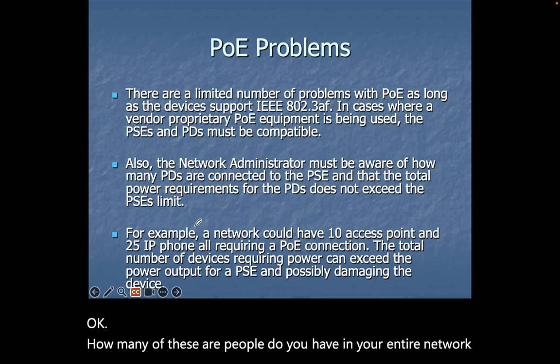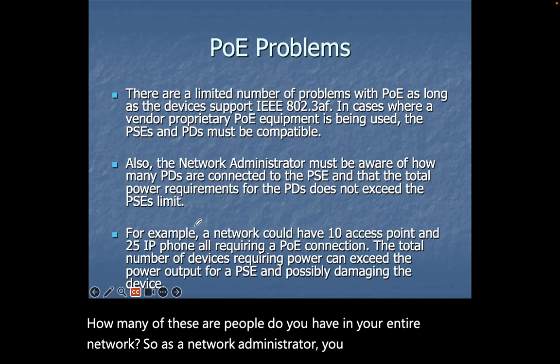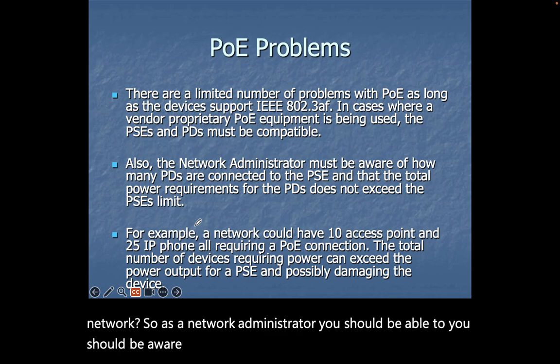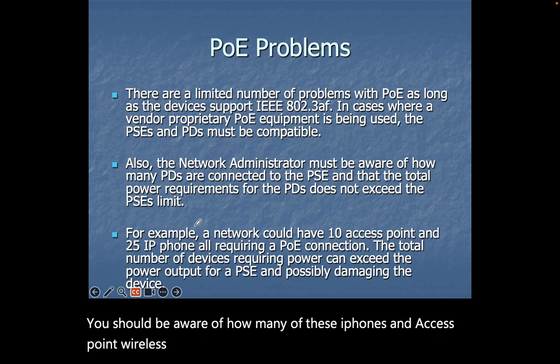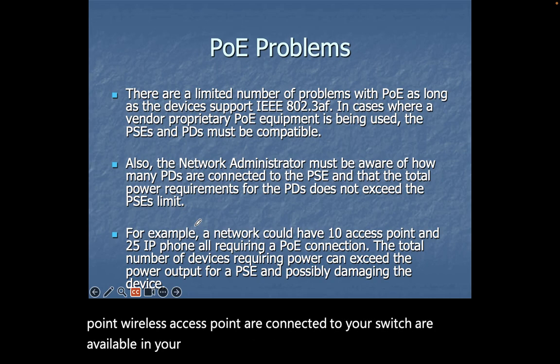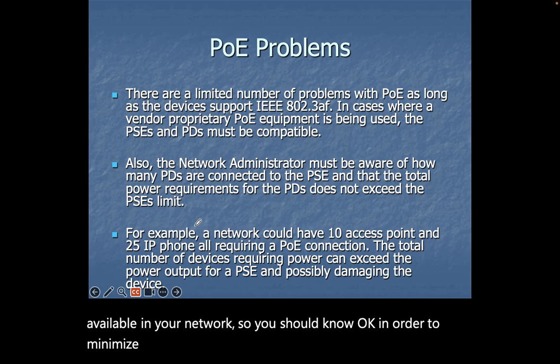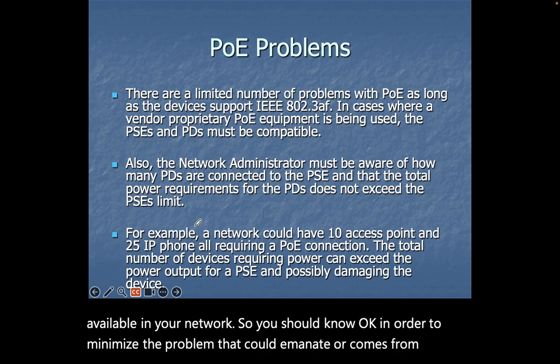So as a network administrator, you should be aware of how many of these IP phones and wireless access points are connected to your switch and available on your network, in order to minimize the problems that could come from this.